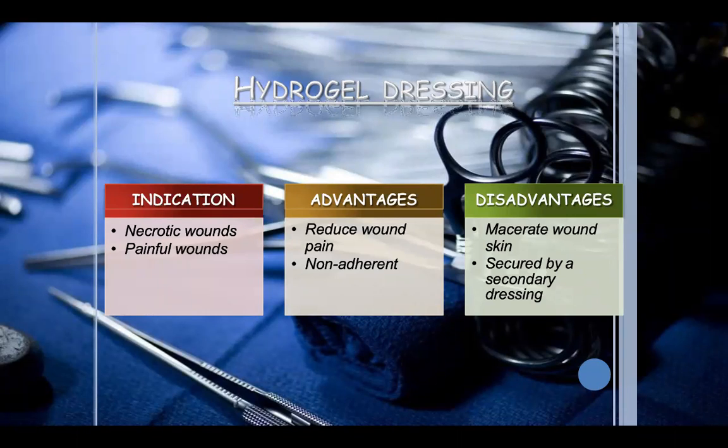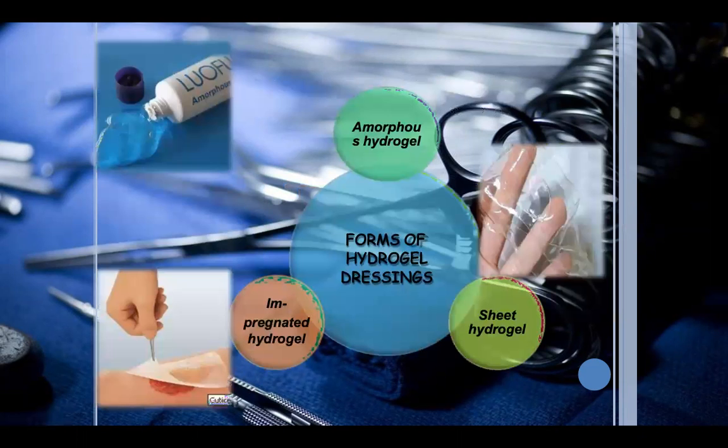They are placed over the wound but are non-adherent. Disadvantage: they can macerate the wound skin, and need to be secured by a secondary dressing, because you need another dressing when you apply this hydrogel dressing. Amorphous hydrogels are available, impregnated hydrogels, and sheet hydrogels. These advanced types of gels are available.